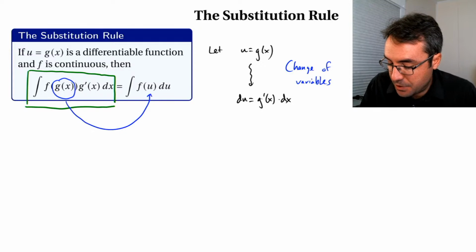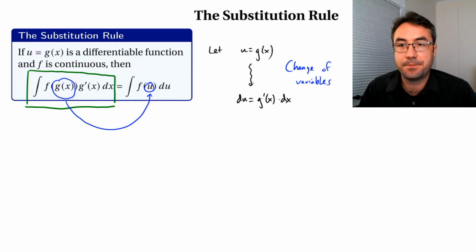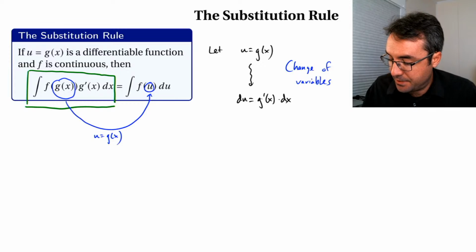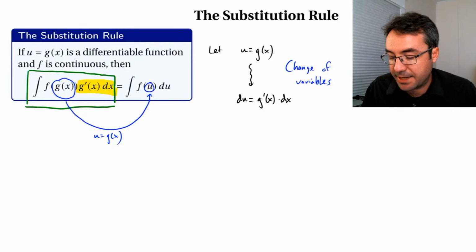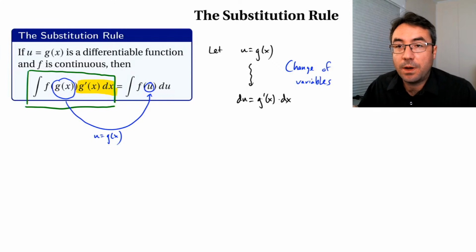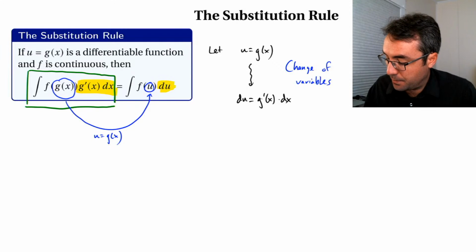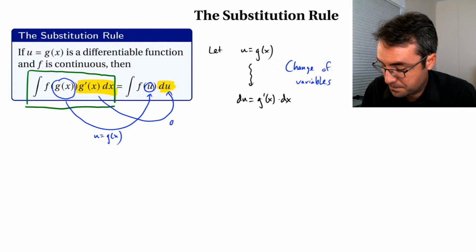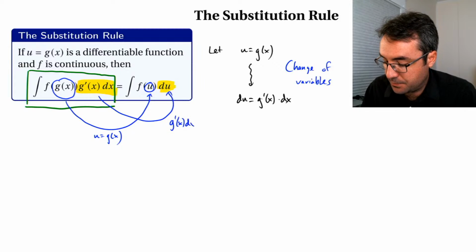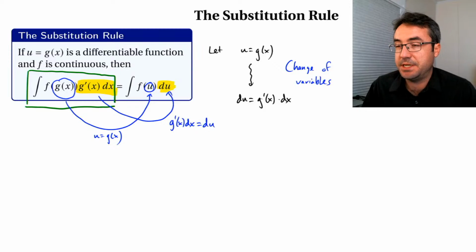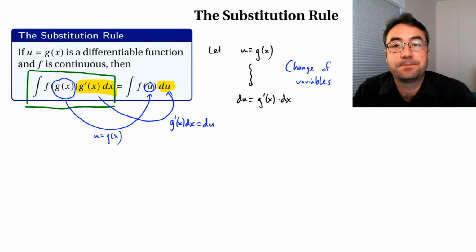So that's going to become the u that shows up right in here. And the g prime dx that we see in the rest of our integral, well, that's going to become the du. Because we know g prime times dx is equal to du by our calculations.